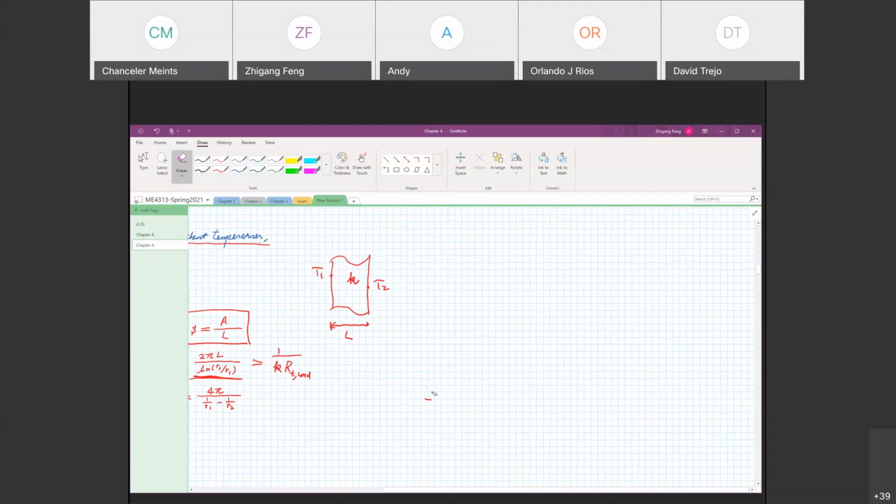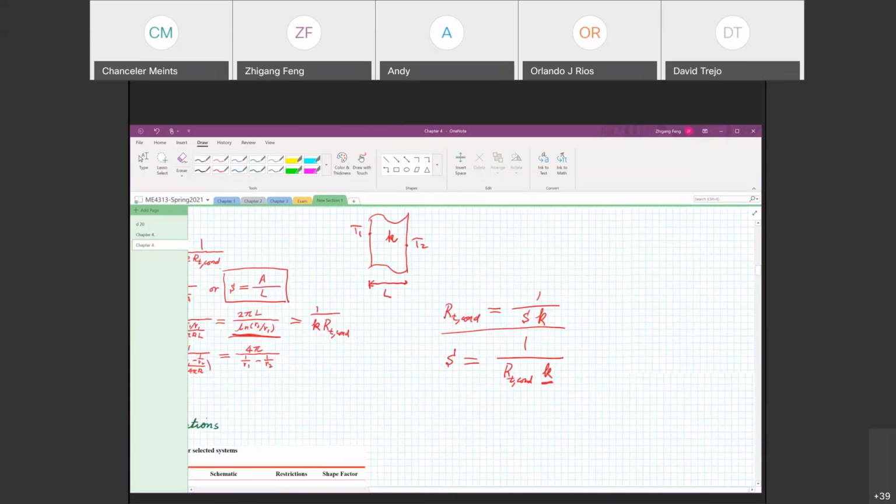Okay, so if we know the conduction resistance R, using this equation, the shape factor will be equal to 1 over the conduction resistance multiplied by the thermal conductivity K.